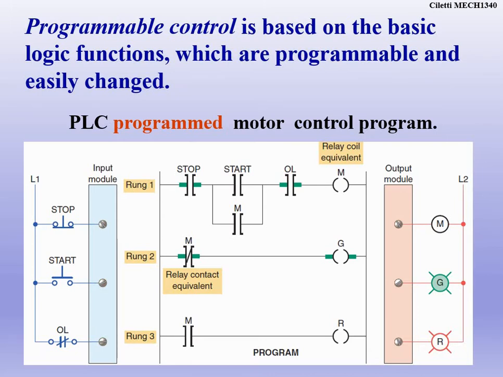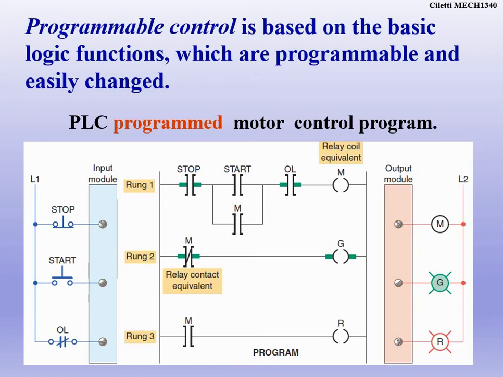We have the stop button, which is normally wired closed. The start button is normally wired open. Then our overload relay is a normally closed contactor for your motor starter. Then we have the output module, which is the motor coil. We have the green and red lights indicating if it's on or off. Those aren't part of the ladder logic. That's how it's hardwired in the field.